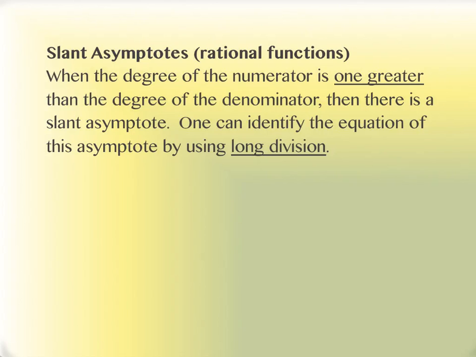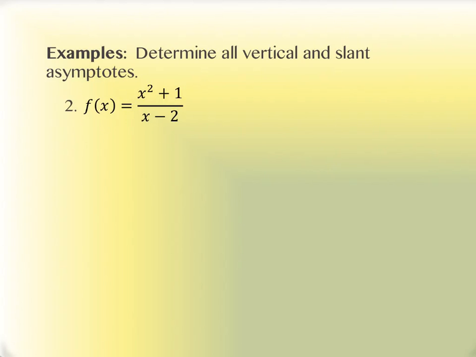All right, so we're going to do an example of that. Here we have a function x squared plus 1 over x minus 2. It says to determine all vertical and slant asymptotes. Okay, so vertical asymptotes. How do I determine vertical asymptotes? Only after I do what, though? Reduce.